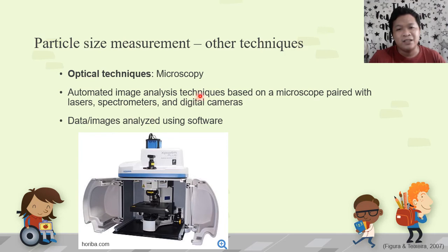And you could use laser spectrometers and/or digital cameras plus analysis software or artificial intelligence to individually count the particles and maybe do some sort of image transformation in case the particles are not entirely flat, no? But anyway, it's an automated analysis, and all you need to do is prepare the sample and put it there.